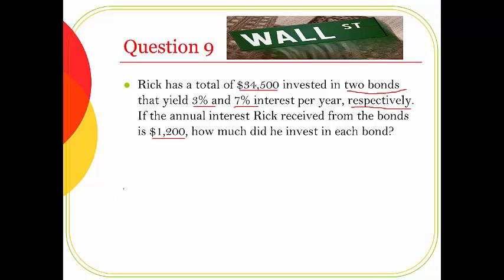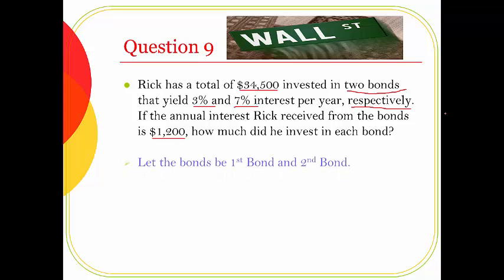But the first thing we do, right? He has a total of 34,500, and he invested in these 2 bonds. So the principal in the first bond plus the principal in the second bond should give us 34,500. That's number 1. Number 2, we find the interest from the first bond and the interest from the second bond, and it should give us $1,200.